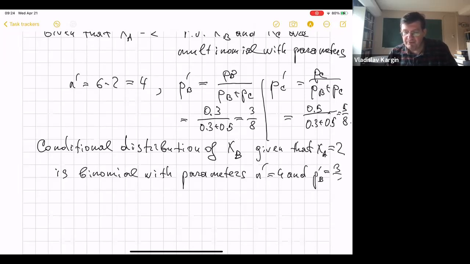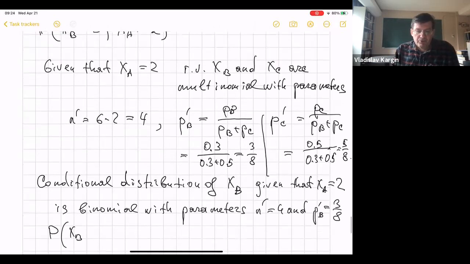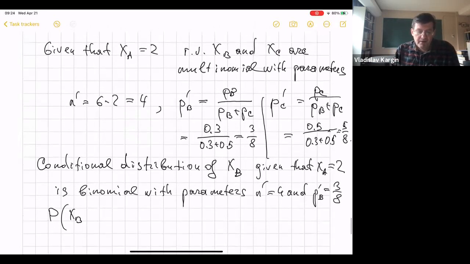And so you can calculate the probability that X_B is equal to 3, given that X_A is equal to 2.